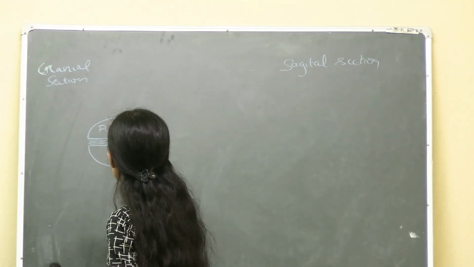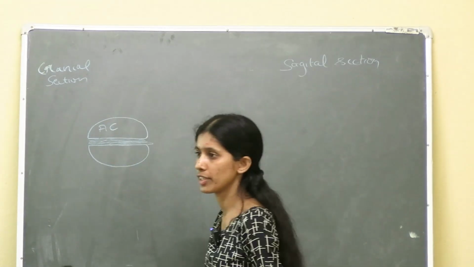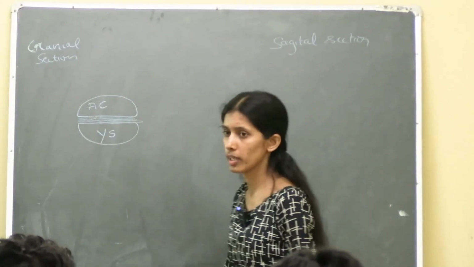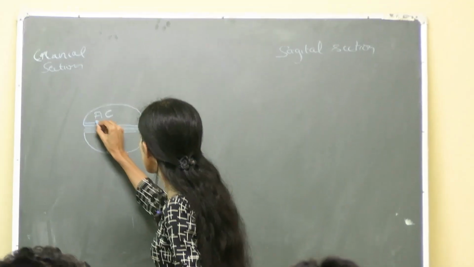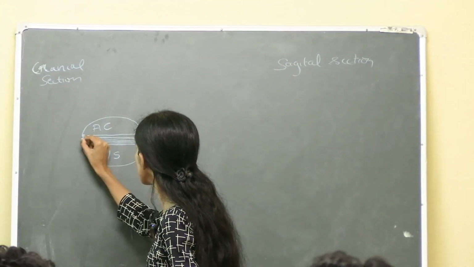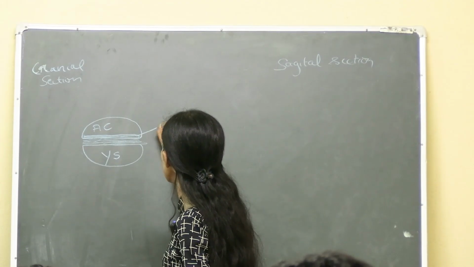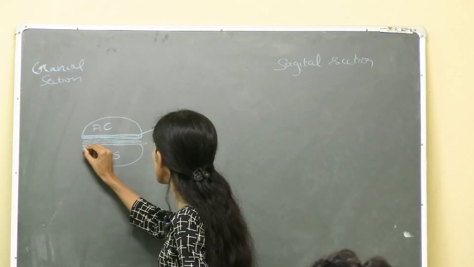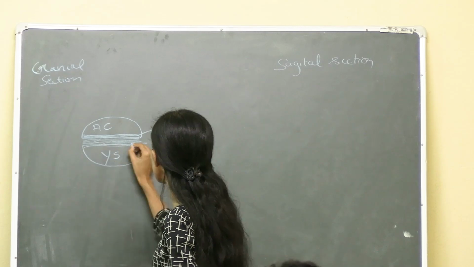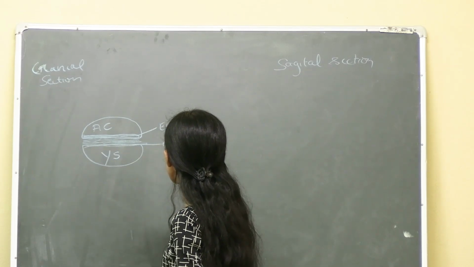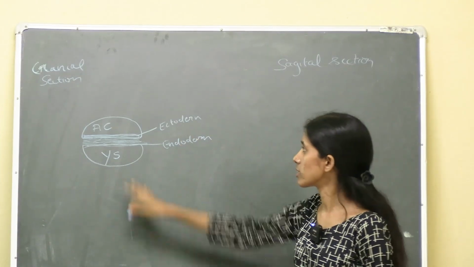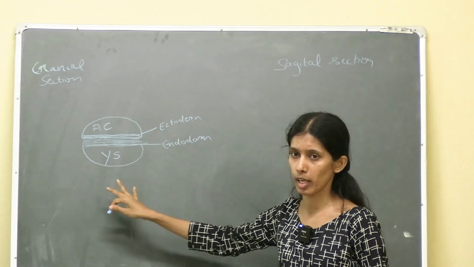This is your amniotic cavity and this is the yolk sac. Okay, and here we can see the ectoderm and here we can see the endoderm. This is the cranial section of your embryo.